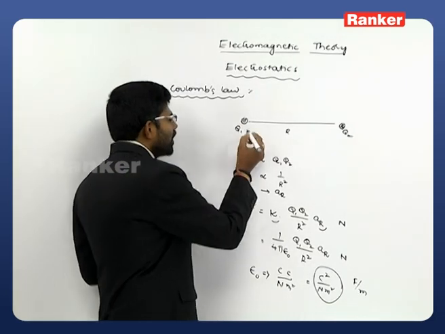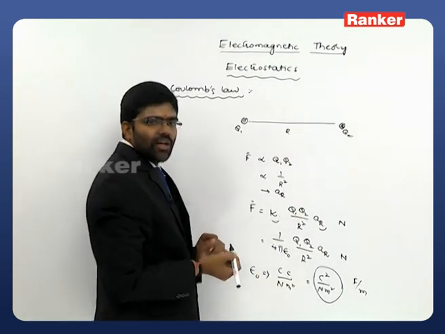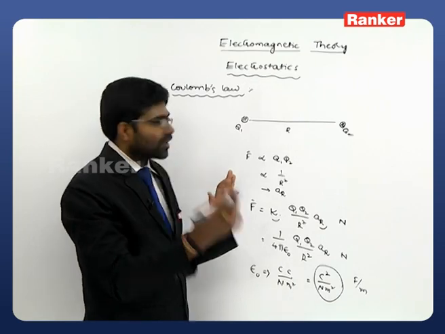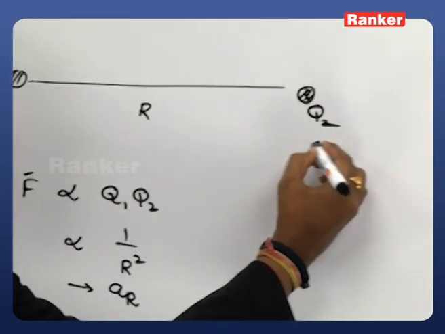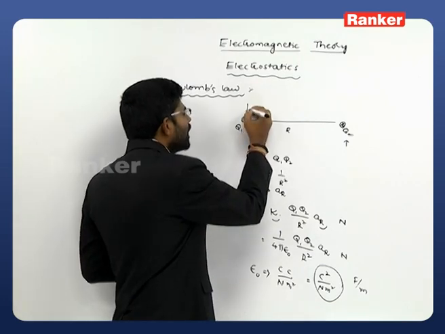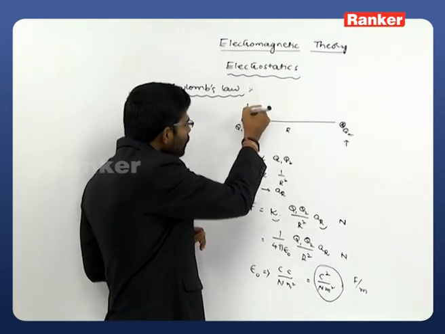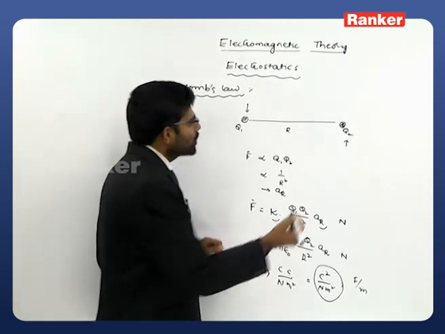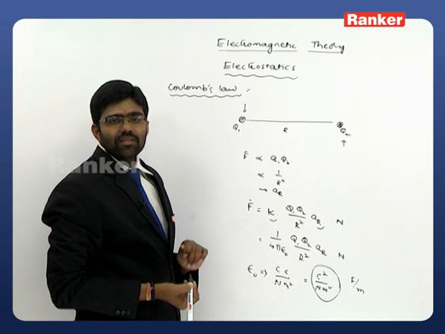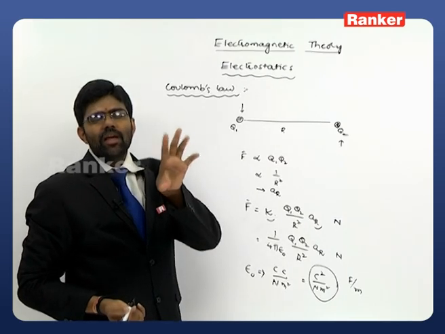Observe, we are taking two charges here. We are calculating the force between those two charges, absolutely right. But where? The force may be calculated at Q2, or at Q1, or somewhere else when the charge is here. Like that, you need to observe where the force will be calculated.